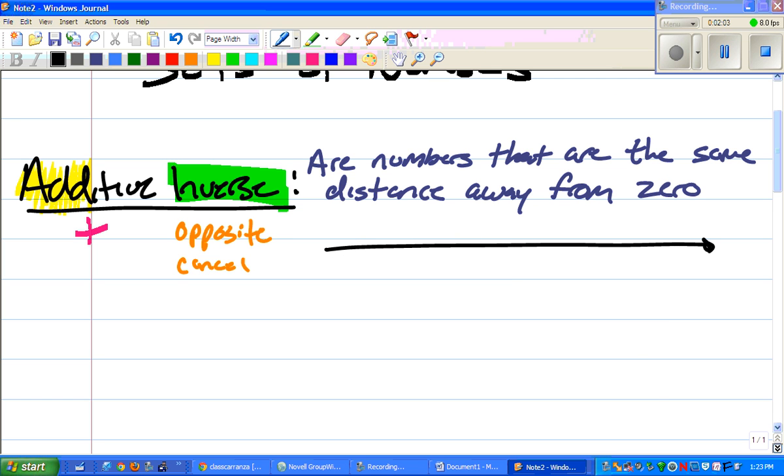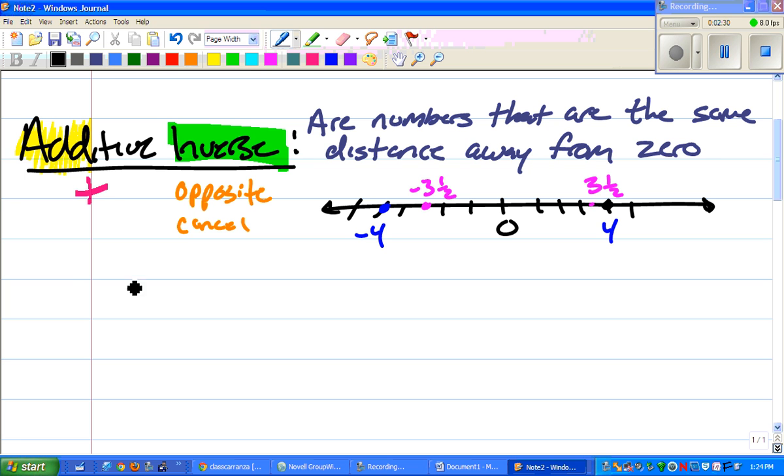So on a number line, if I want 4, my additive inverse would be -4. Or if we want -3 1/2, it would be +3 1/2. Okay? All right, let's go through some examples.